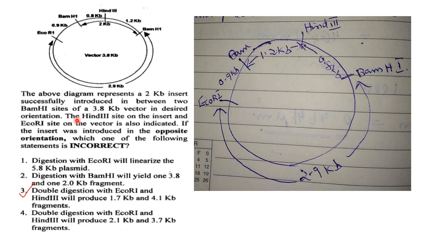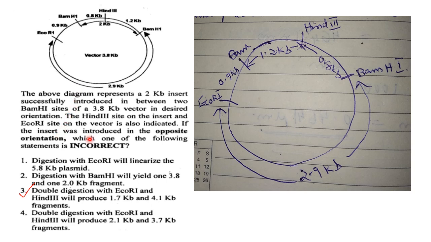The HindIII site on the insert and the EcoRI site on the vector are also indicated. So the gene of interest has another restriction enzyme site within it, the HindIII site, and this is the EcoRI site of the vector.